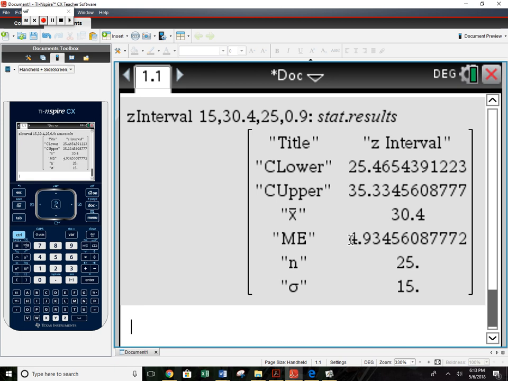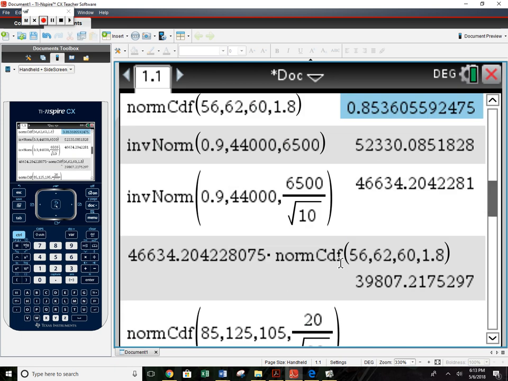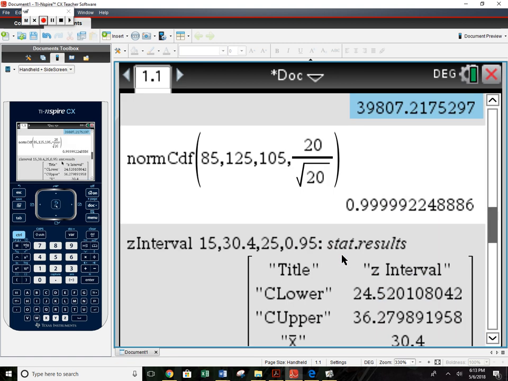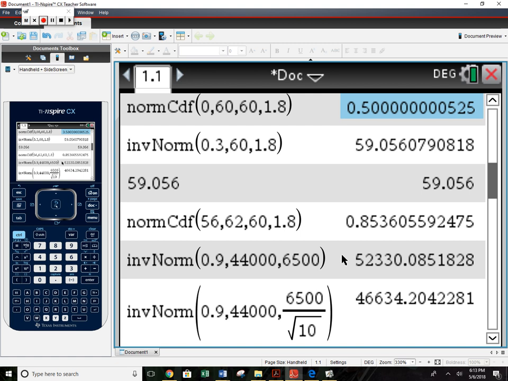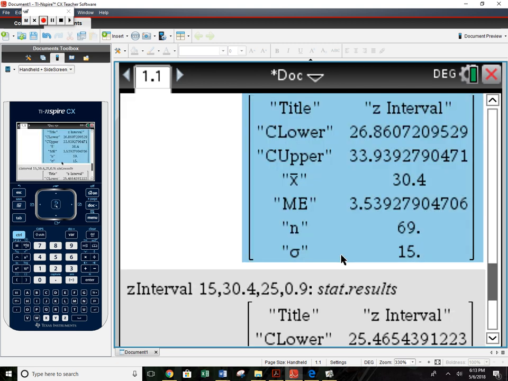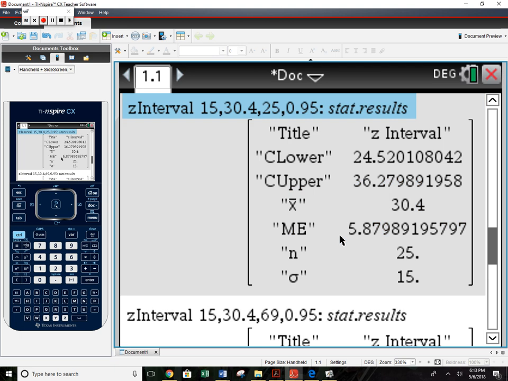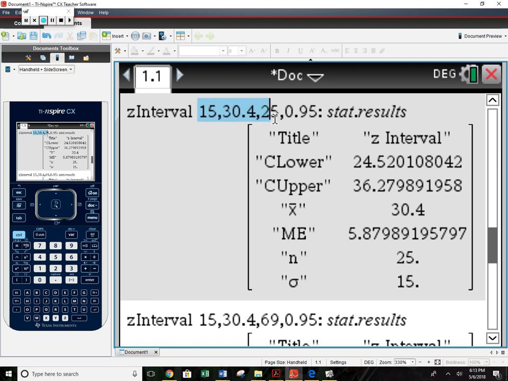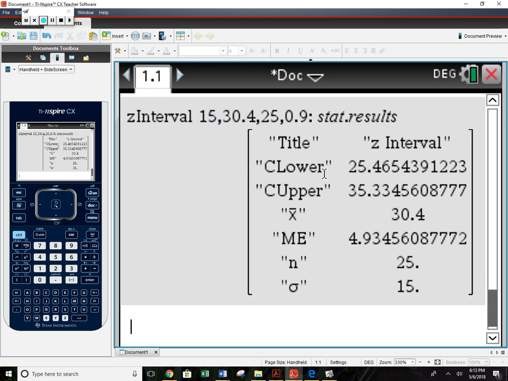Okay, so your margin of error is 4.93 versus, where was it? Where's the one that was 5.88? There it is, 5.88. So we kept everything the same: 15, 30.4, 25. We did 95 versus 90.